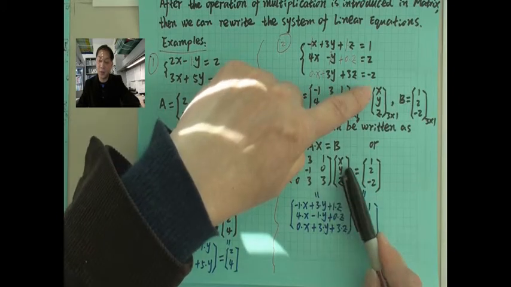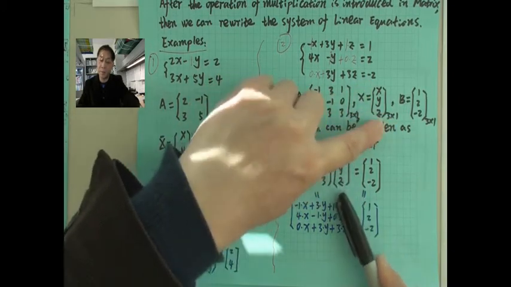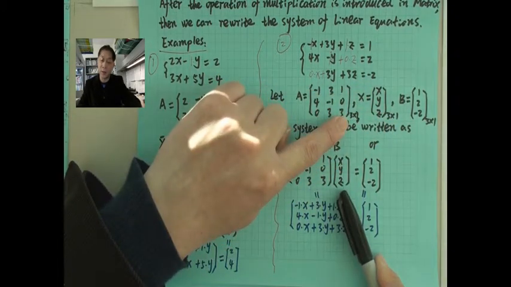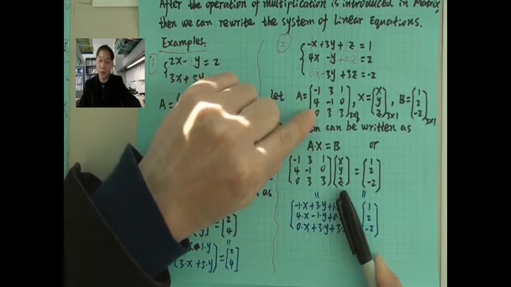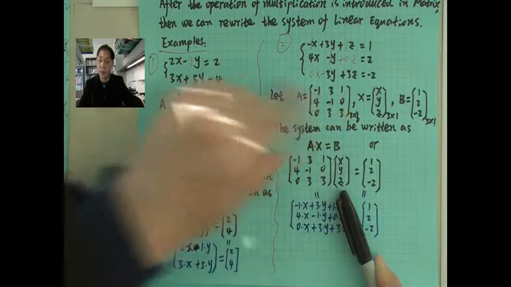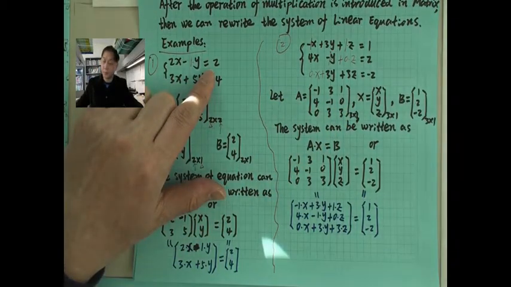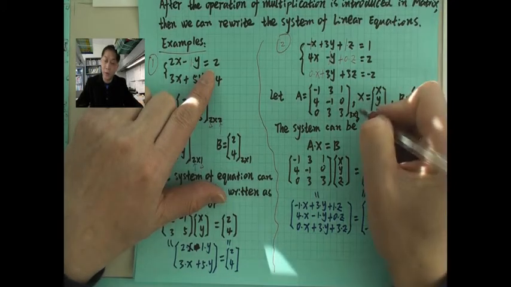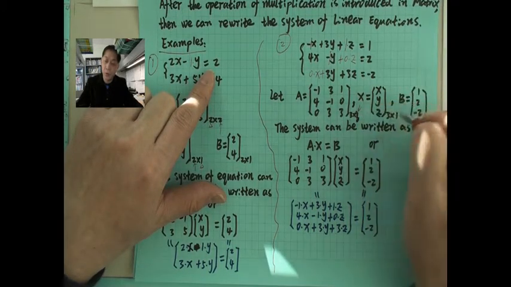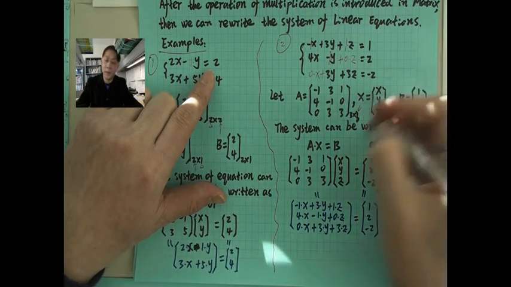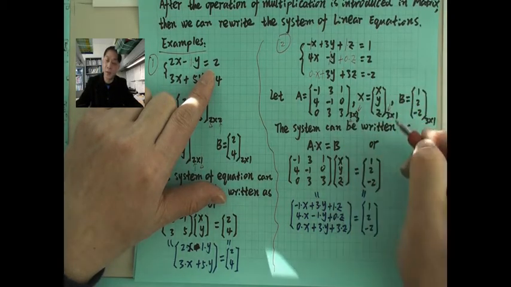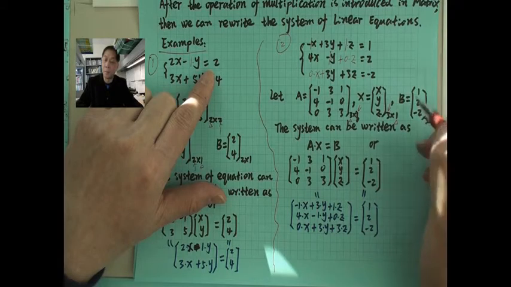X is this matrix, that's 3 by 1, and here is 3 by 3, 3 rows, 3 columns. And again, the number of columns here should be equal to the number of rows right here. And then you'll end up with a 3 by 1 matrix, 3 rows, 1 column.